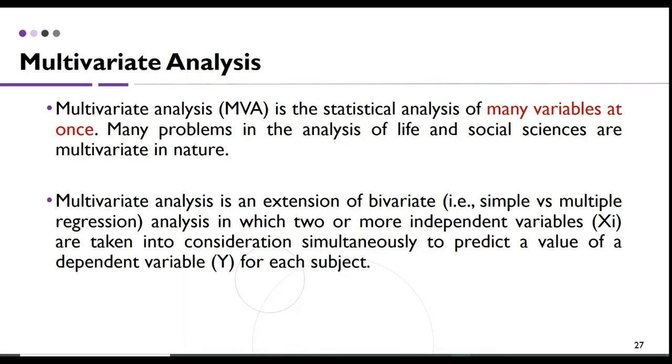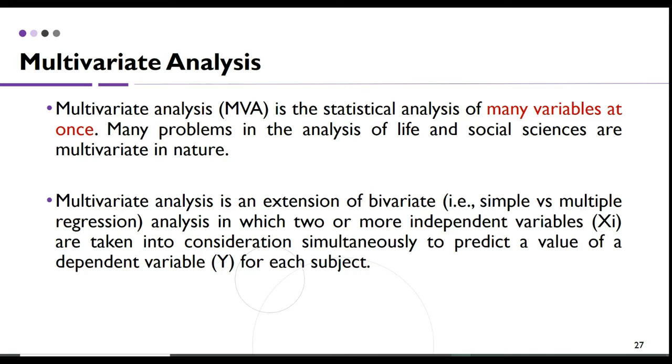But multivariate analysis is the statistical analysis of many variables at once. Many problems in the analysis of life and social sciences are multivariate in nature, right? They consist of more than two variables.